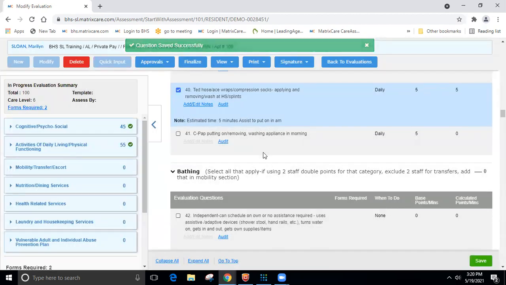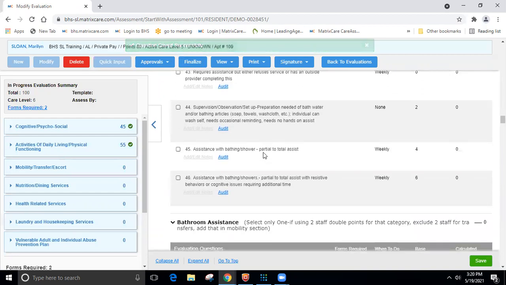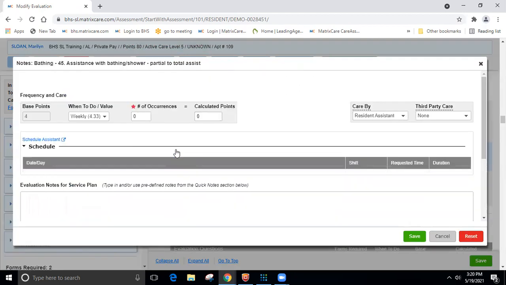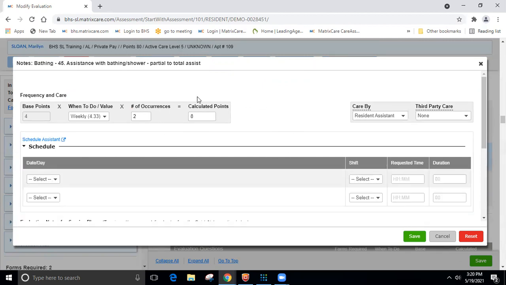You can see this as we go. Bathing is a little bit different. Bathing is assisted to shower, and it's usually a weekly service. So it'll default to weekly for you. And you can put how many times a week in there. And again, you click off to the side, it'll calculate your points.